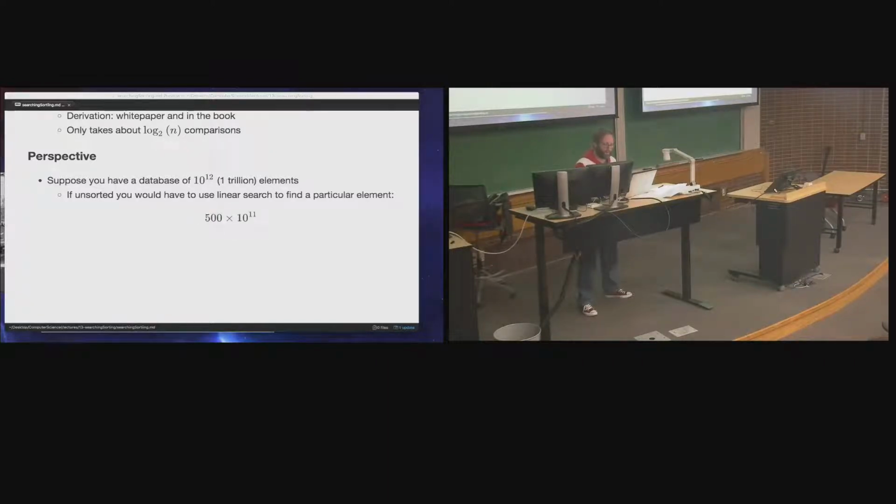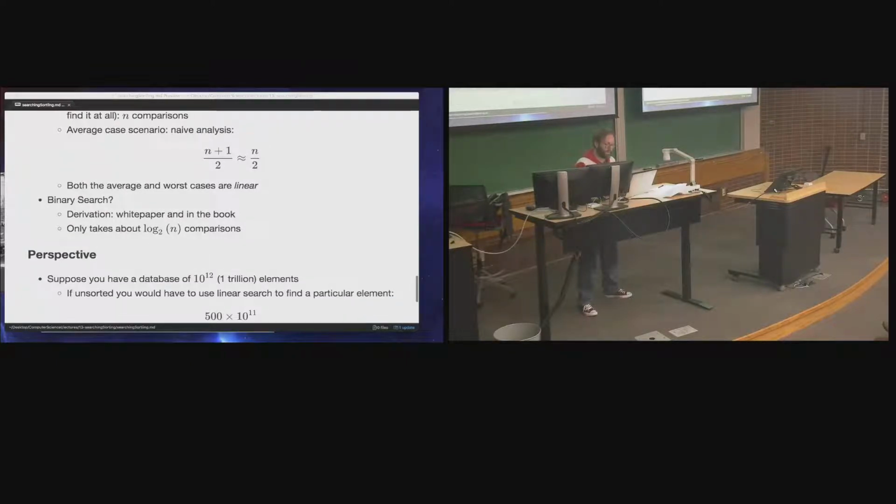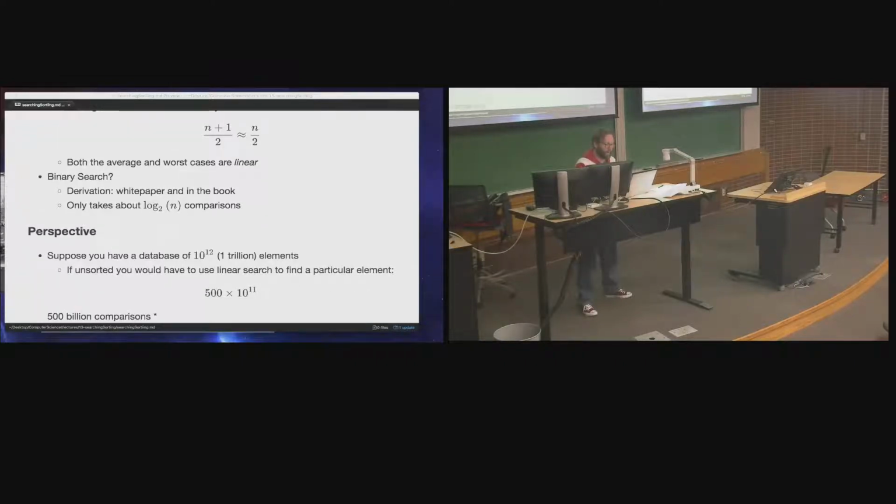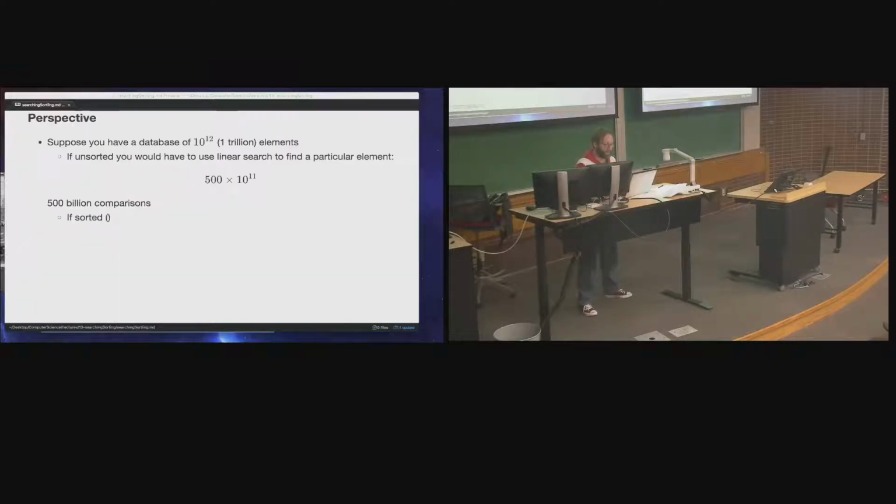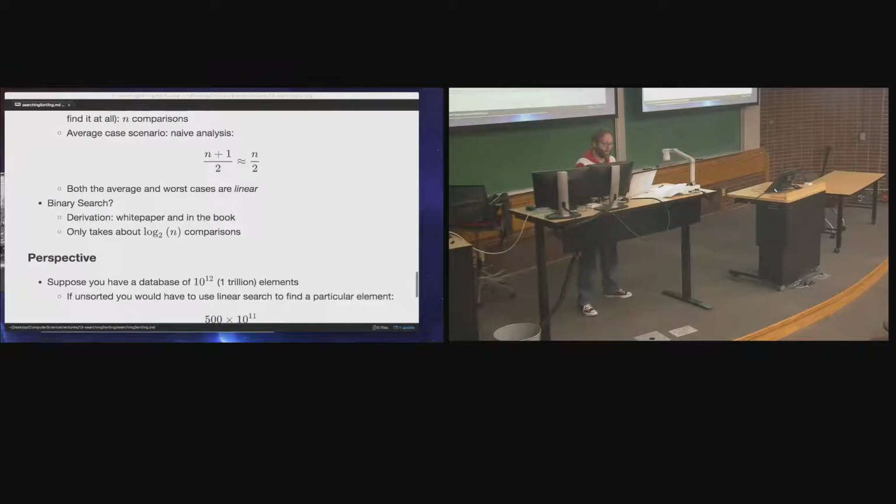In other words, this is 500 billion comparisons. If sorted, and in databases we call this indexed, then you can exploit the sort using binary search.